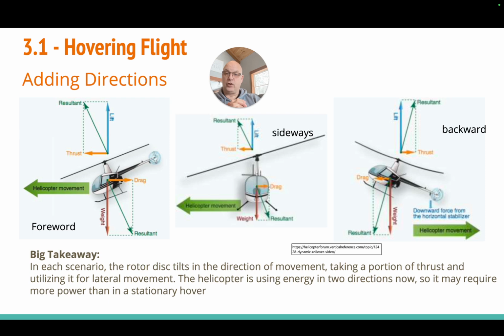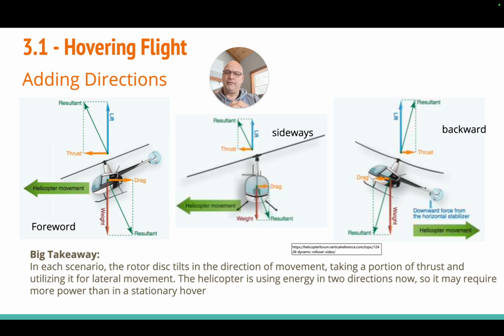Again, the collective is to hold the height of the hover itself. The cyclic will allow you to go left, sideways, forward, or backwards. And these things change the forces that are taking place when you add thrust into the direction itself. You need to take these into account.